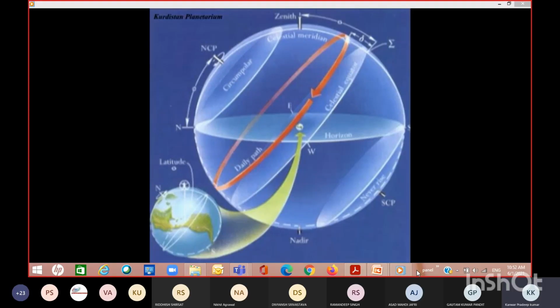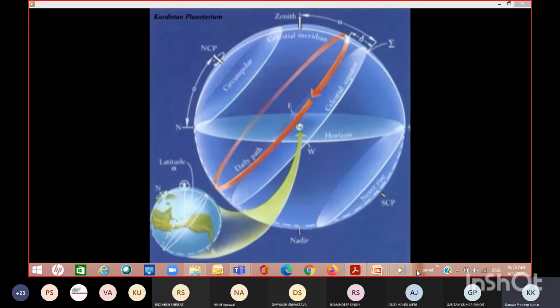Near the north celestial pole, there is another circle showing as circumpolar. Can you see that? Just like the red path, there is a smaller circle, but that circle is above the horizon.